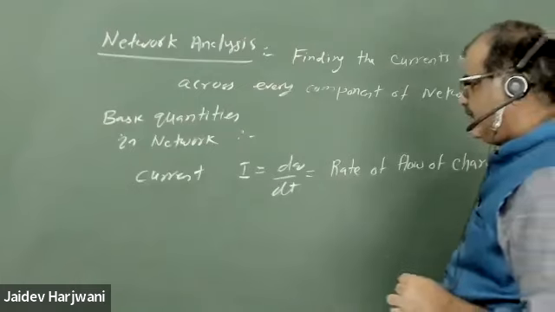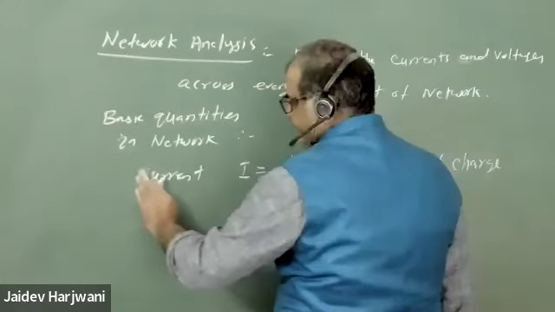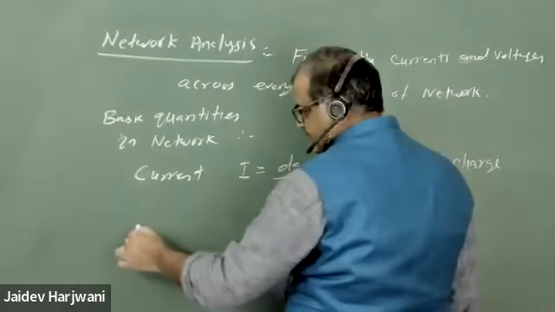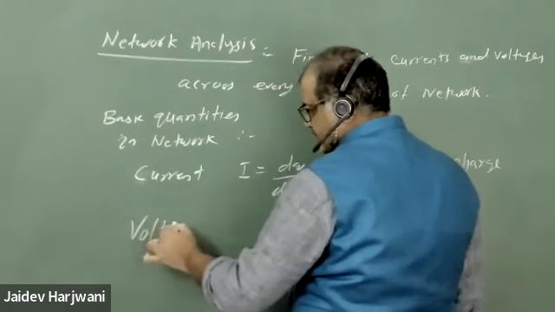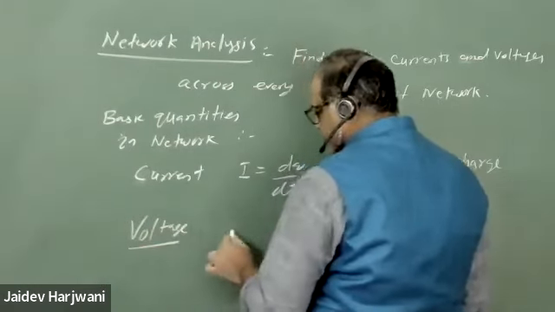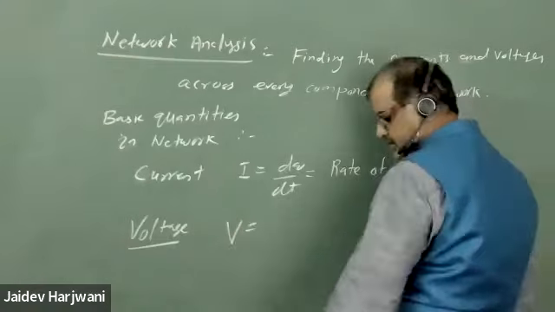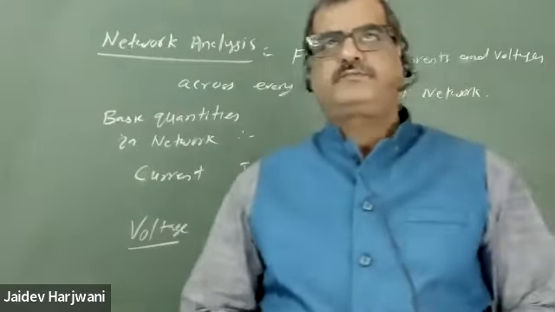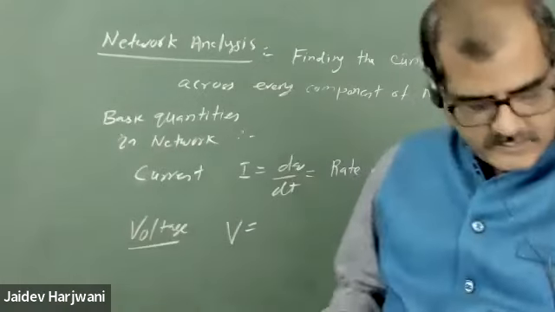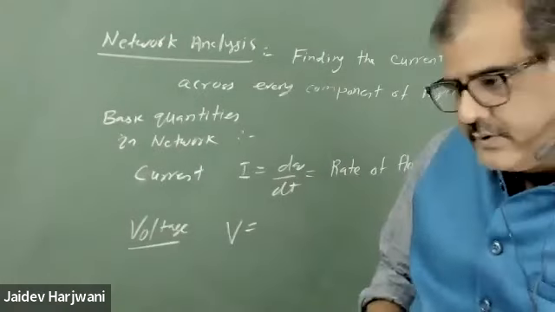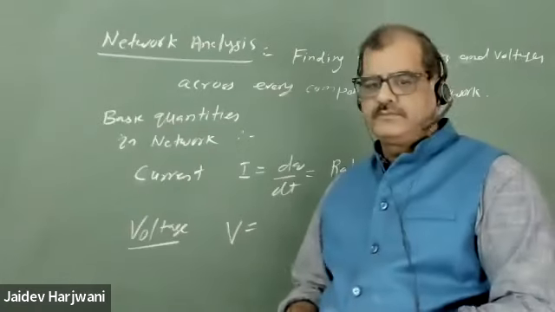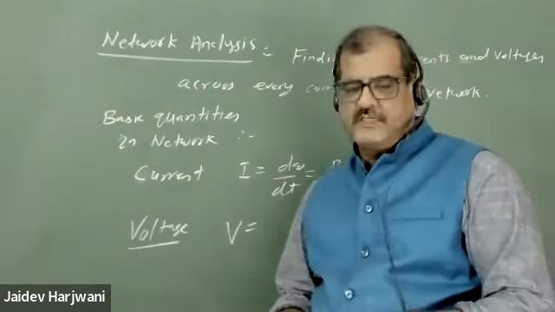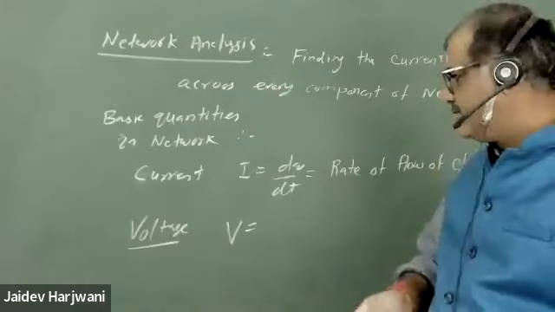Similarly, if I want to define voltage difference, or voltage, what is the definition of voltage? Anyone? Work done to move a unit positive charge is known as the voltage applied. Exactly. Potential.